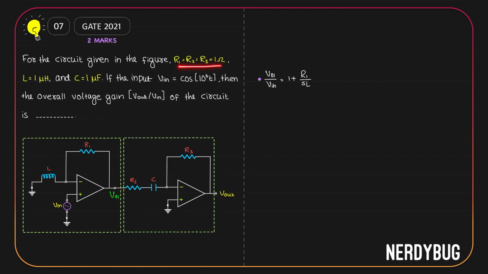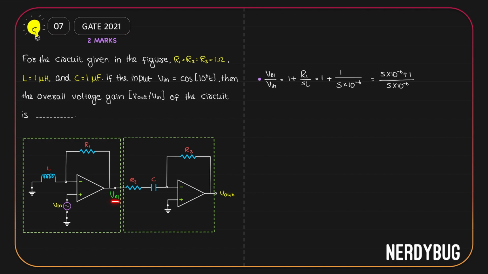Now R1 is 1 ohm and L is 1 microhenry. So giving the values, we get 1 plus 1 divided by S multiplied by 10 to the power minus 6. We can add these two and write it like this: S multiplied by 10 to the power minus 6 plus 1 divided by S multiplied by 10 to the power minus 6.